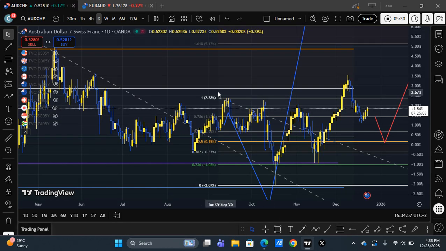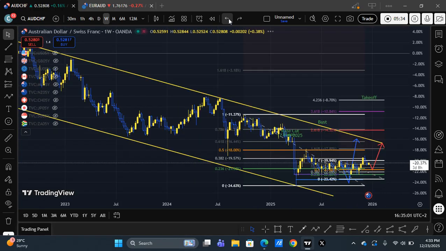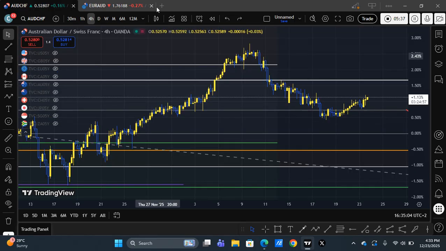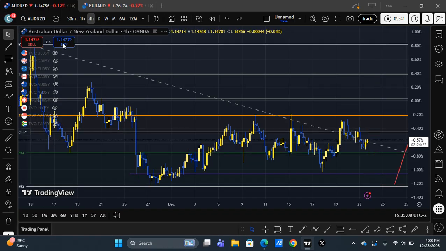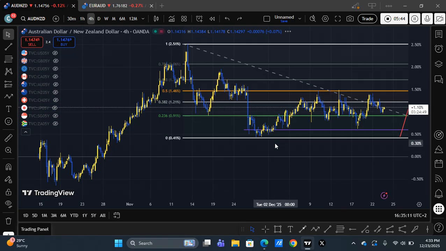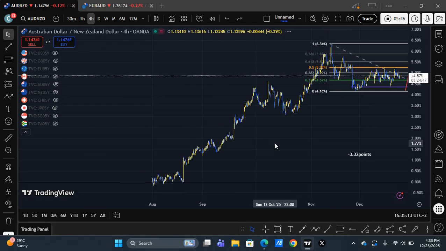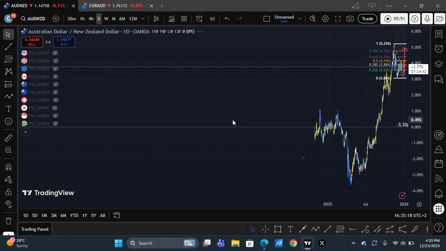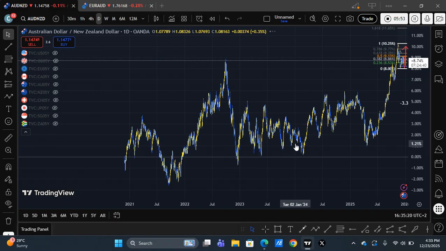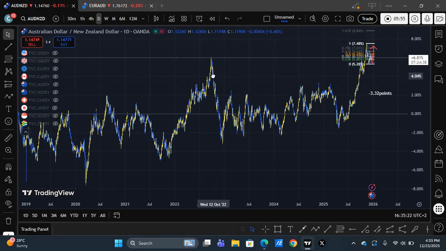Let's look into the currencies and see what we can do. This is AUDNZD, and what does it tell you? When we look into price action on the daily time frame, you can see this currency pair has been bullish for a long time.